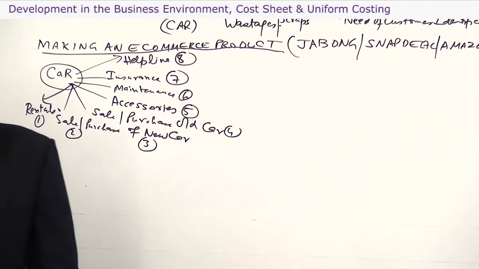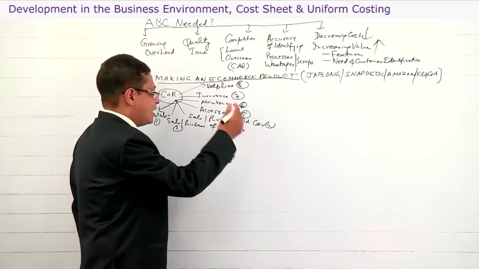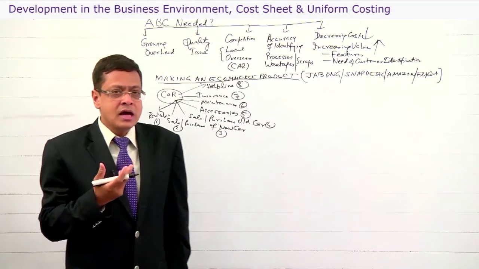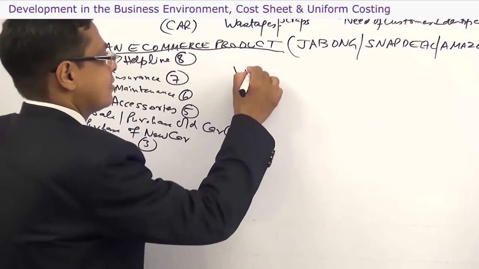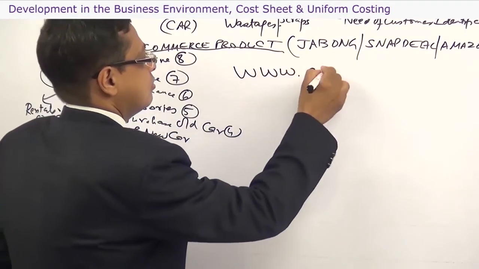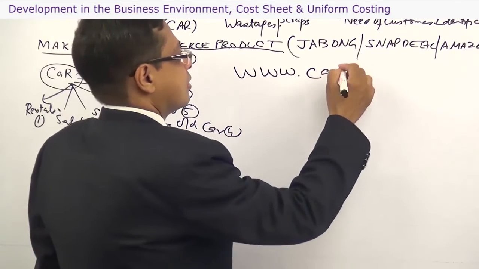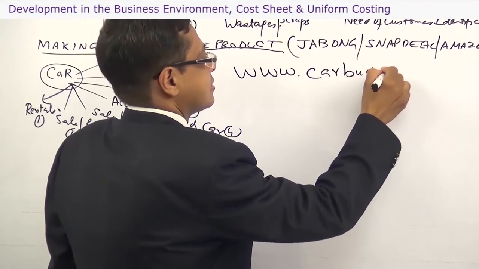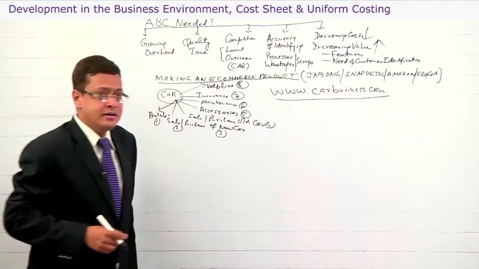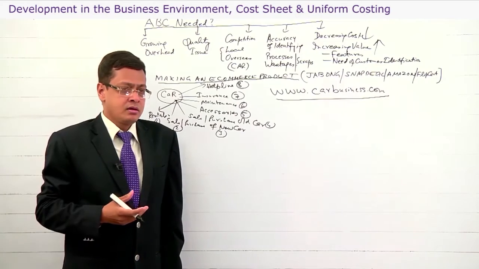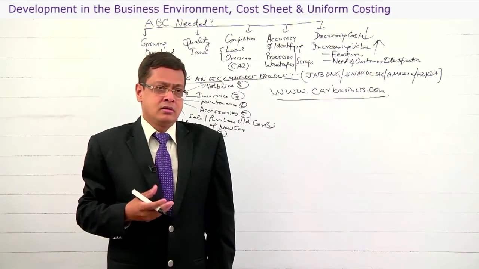So we have 8 activities where we are going to start the car business. So I create a website, www.carbusiness.com, right?